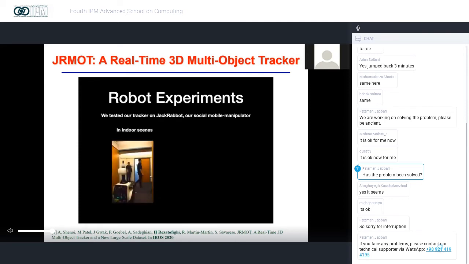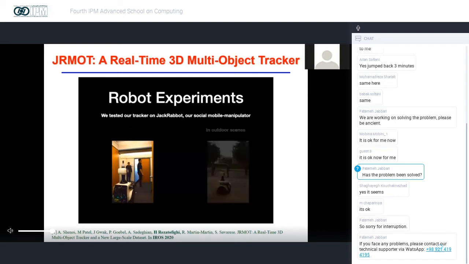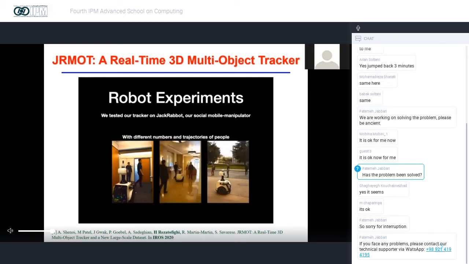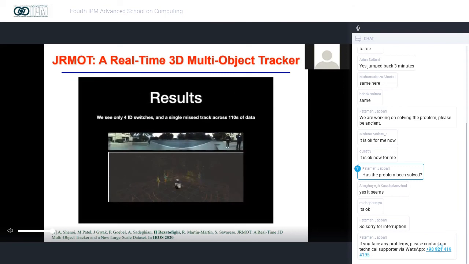We conducted some experiments on the robot itself, when the robot runs between humans, in order to evaluate how this 3D tracking works when the algorithm runs on the robot. You can see some visualization of what we generated.